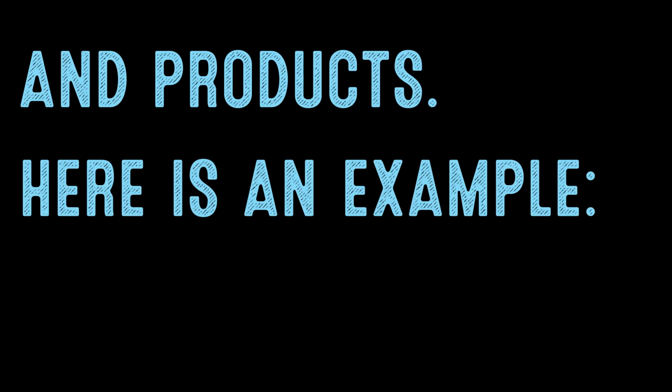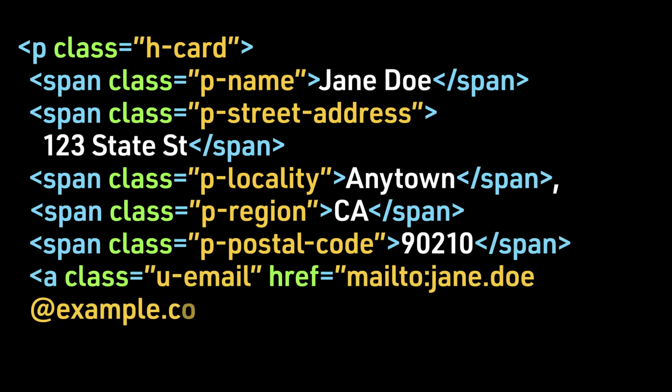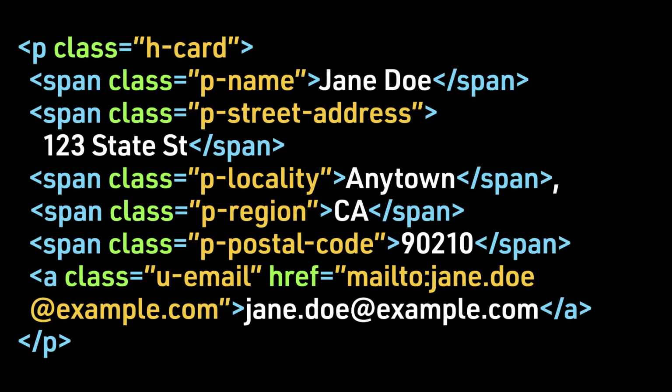Here is an example. p class equals "h-card". span class equals "p-name".